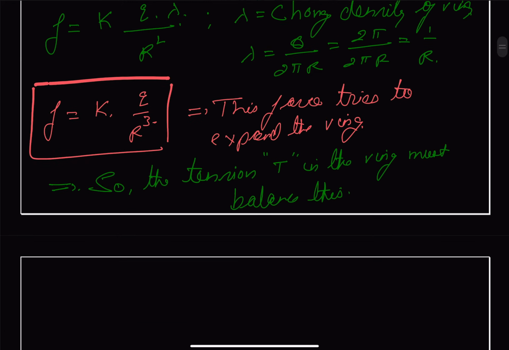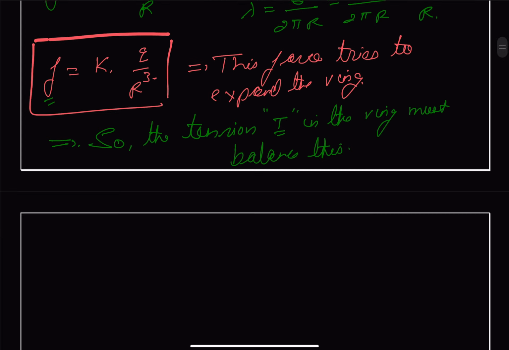And we can say that the relation between the force F and the tension T, and because it is said that the shape of the ring is not deformed, it means it is under symmetric radial outward force.